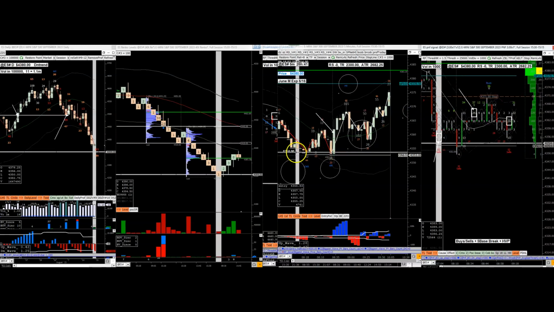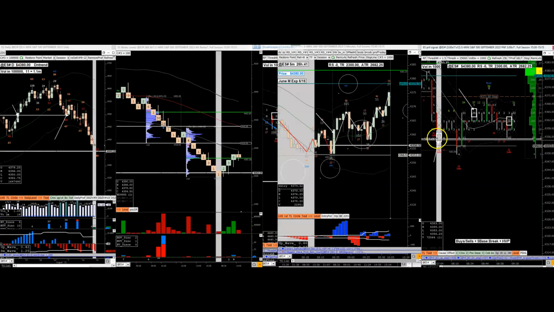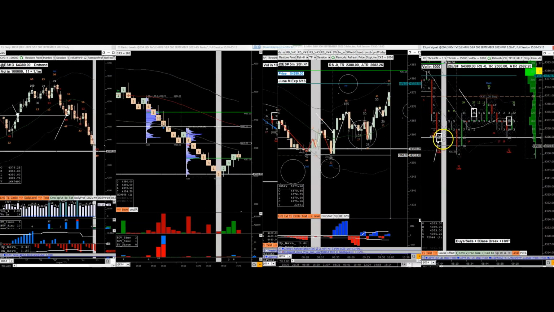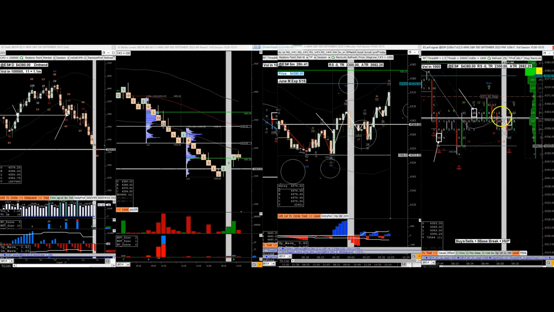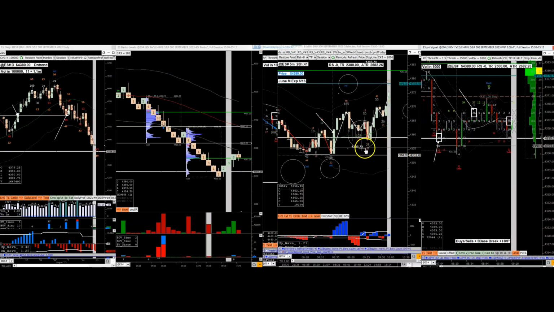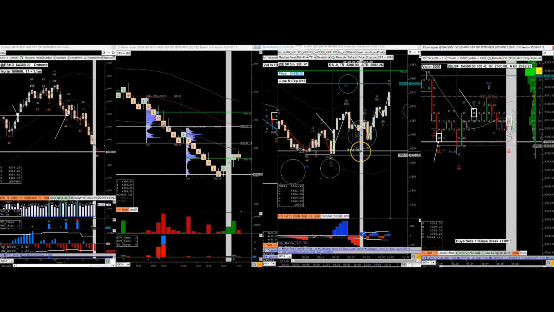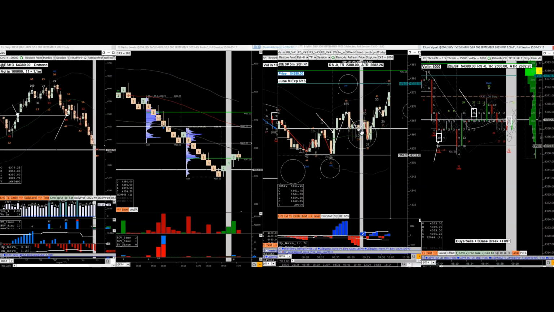What is that information telling you? It's telling you that these guys here, when they're tested, there's enough demand to reverse it all the way back up so the candle goes green.